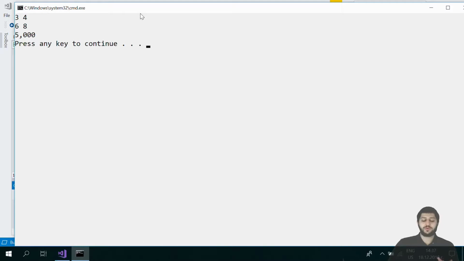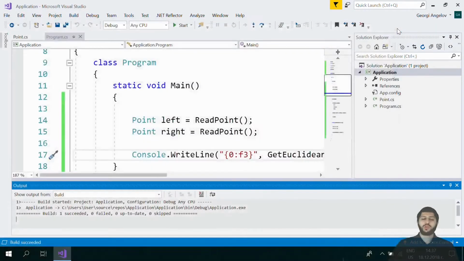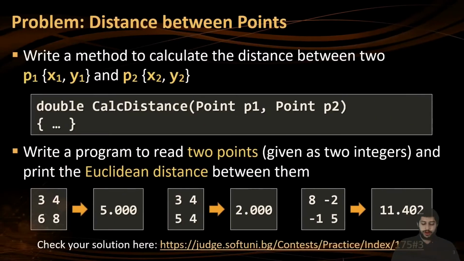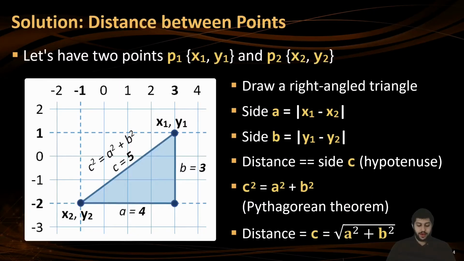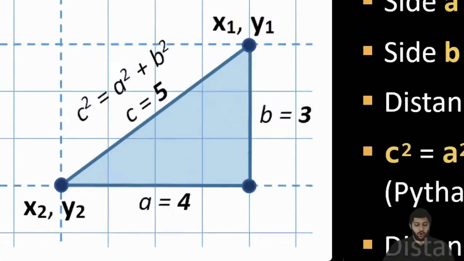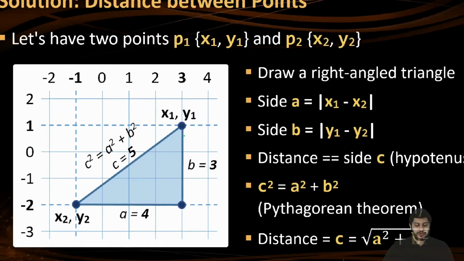Just the distance between two vectors, which we calculate using some mathematical formula. Now, let us check the solution and give a little bit more intuition about the Euclidean distance. First of all, in order to calculate Euclidean distance, as you can see here, we have 2 points, which are x1, y1, and x2, y2.